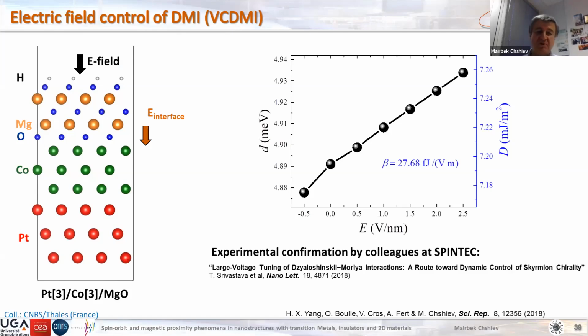But we calculated for our structure, and we found that the value is comparable with the one which we have for anisotropy. Basically, it is about 30 femtojoule per volt per meter. And my colleagues, LNBR and colleagues, published this work where they experimentally observed that indeed you can control the DMI, as was told.